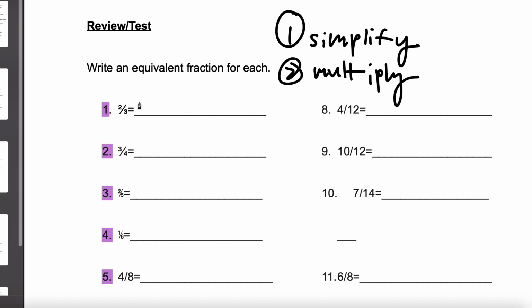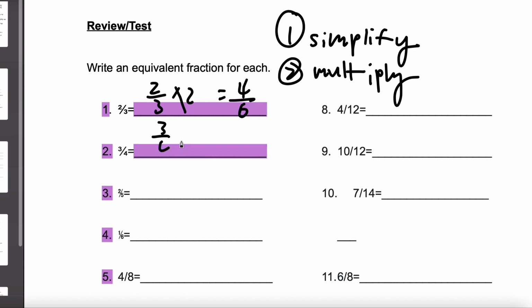So number 1, I'm going to multiply 2/3 by 2, and I get 4/6. Number 2, I'm going to do 3/4 times 3, and I'm going to get 9/12.